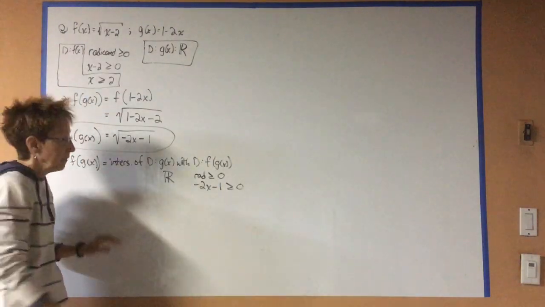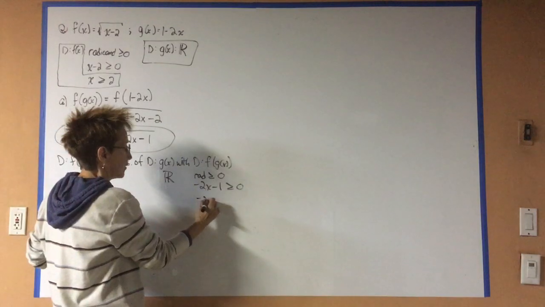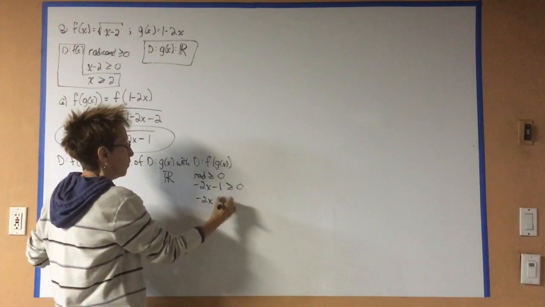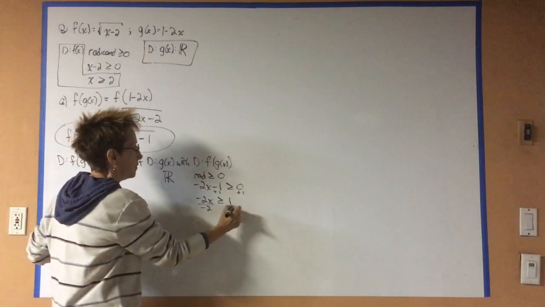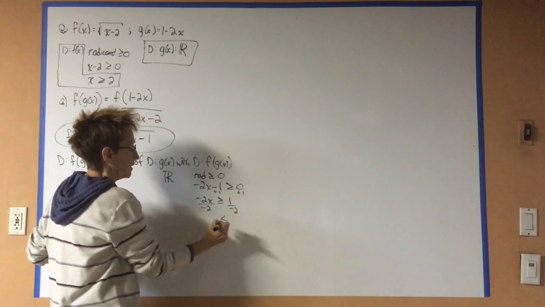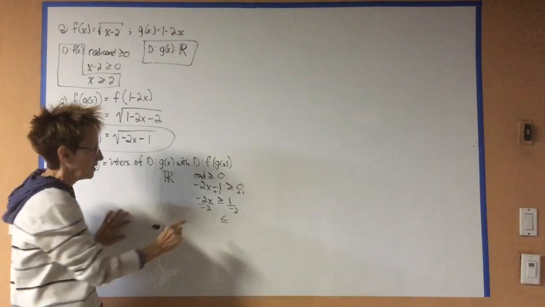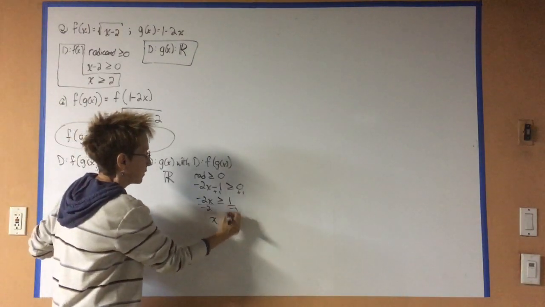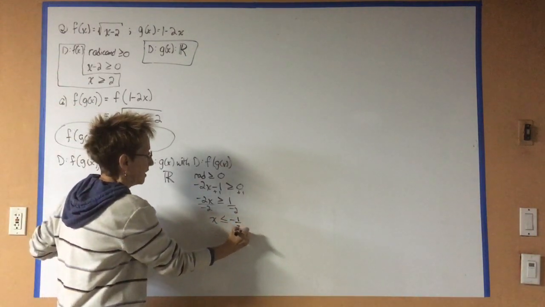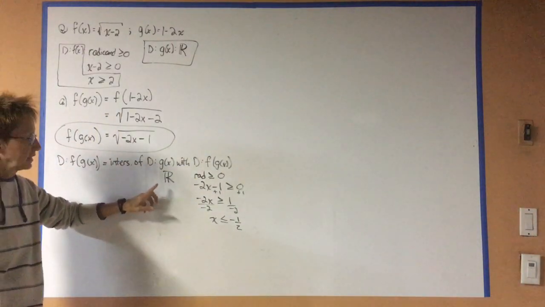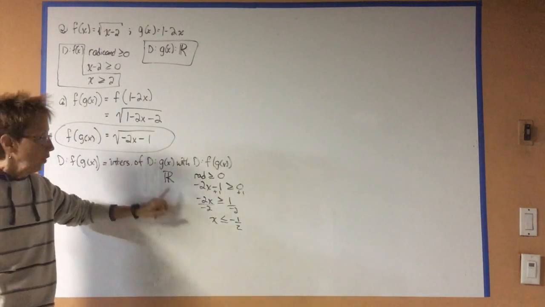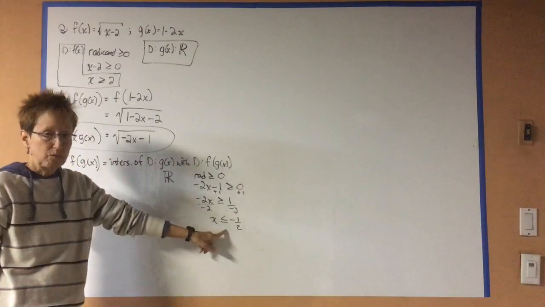So that gives me negative 2x greater than or equal to 1, because I add 1. And then I'm going to divide by negative 2, and the minute I do that, what happens? Inequality changes, and this is x less than or equal to 1 divided by negative 2, which is negative 1/2. So I am intersecting all real numbers with x has to be less than or equal to negative 1/2.